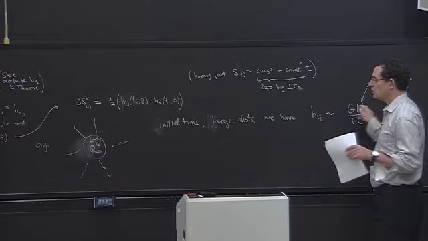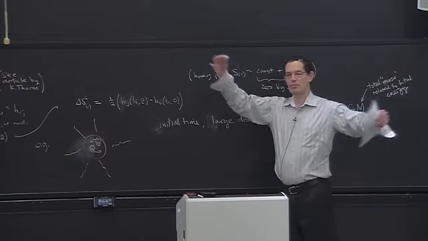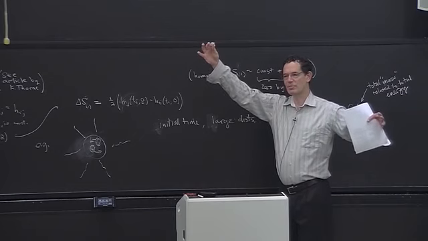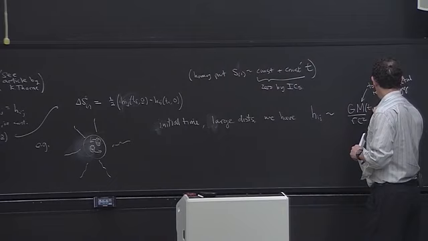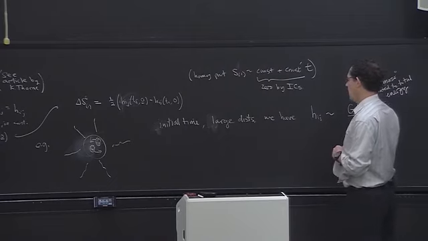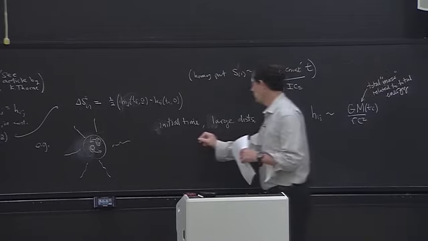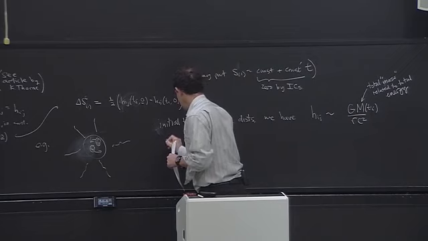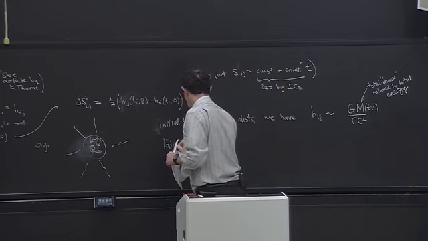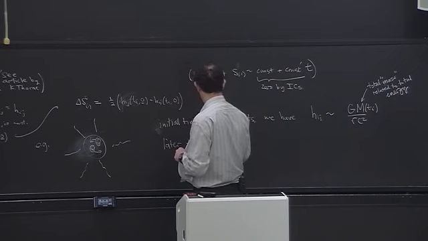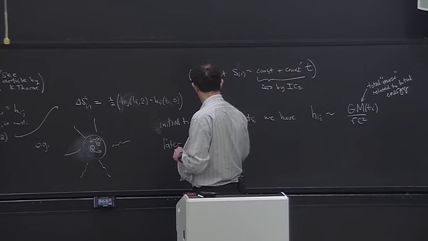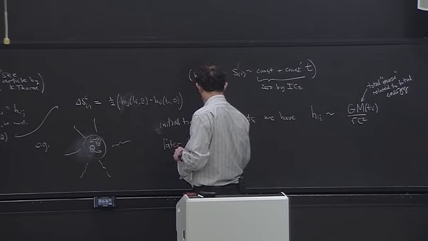So that's something initially. Now, this object emits gravitational waves for some time. Let's call this T initial, and at some later time, T final.